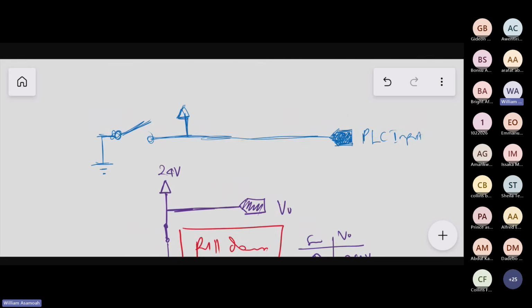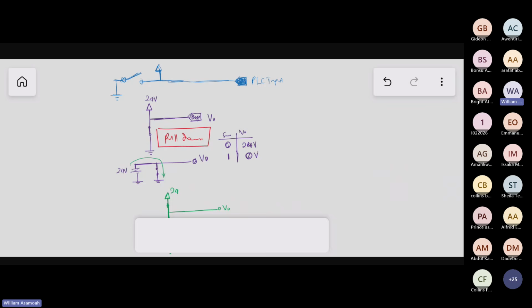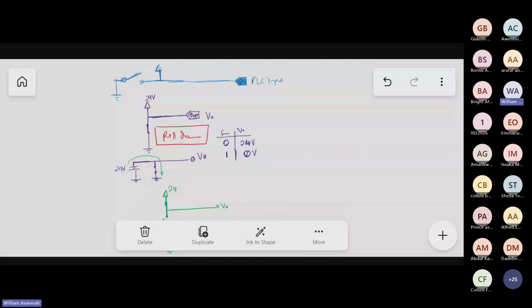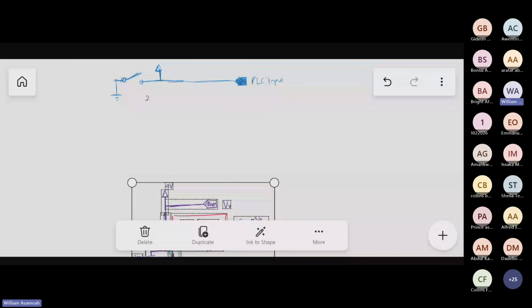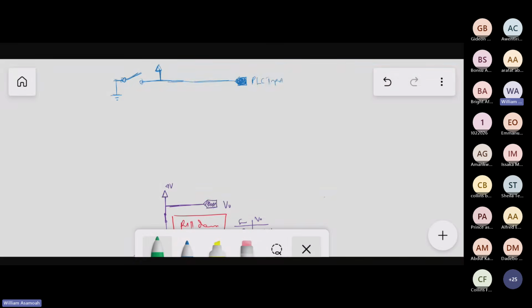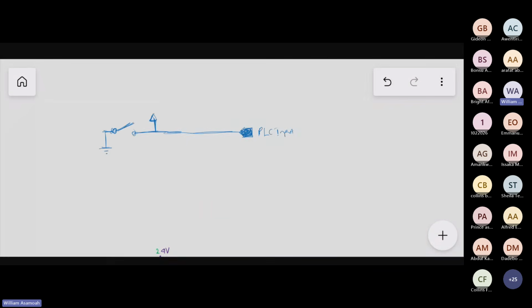Now we've established that this is how it works. So this one is some kind of an inverted input, right? So how do we implement the filtering? But this switch here is where the problem is.